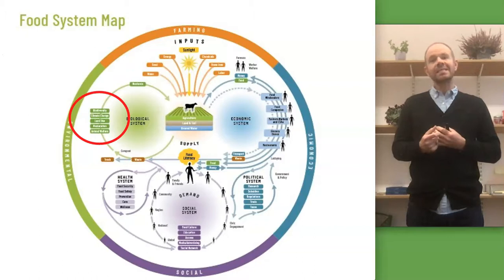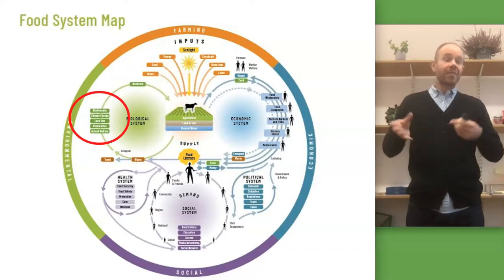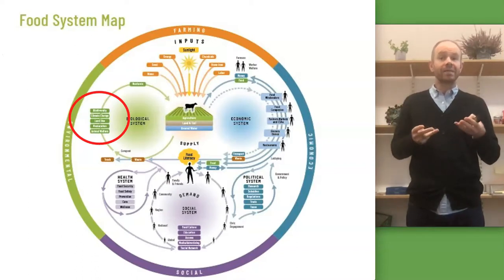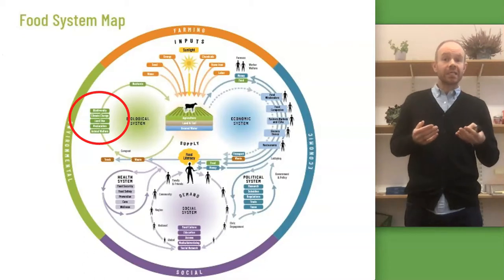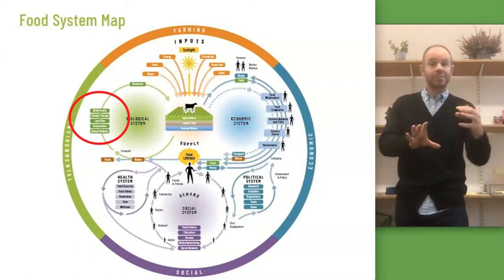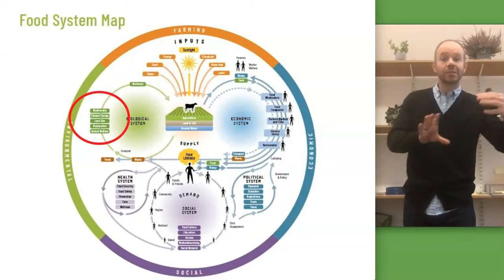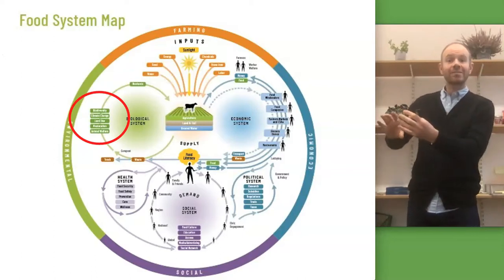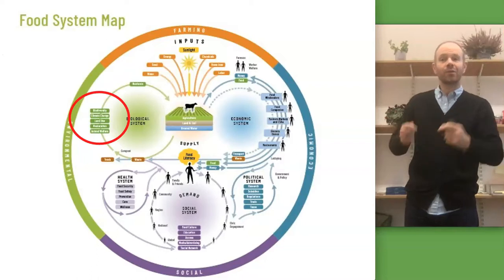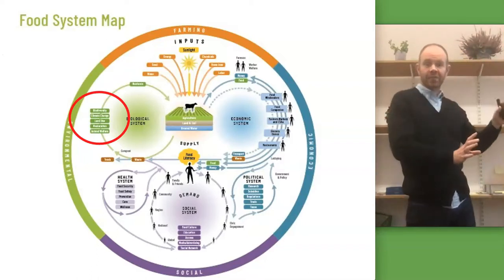You can see that this arrow then feeds into where we see agriculture on that top where that cow is, and that agriculture is fed by energy, sunlight, which is also leading then into the economic system. Also, if we look on the bottom at supply, which is a function of the health system and the political system, is driving into that biological system. So all of a sudden we can see if we look at one piece, it is related to everything else.